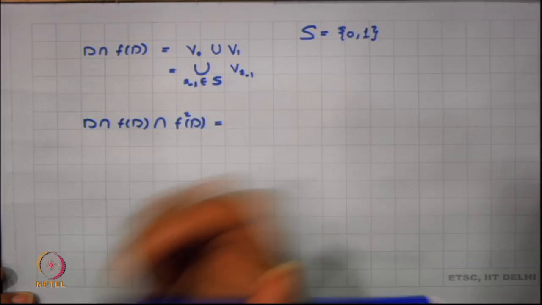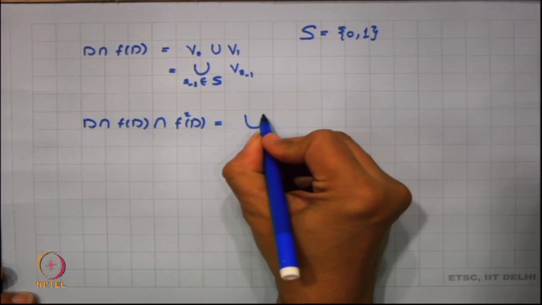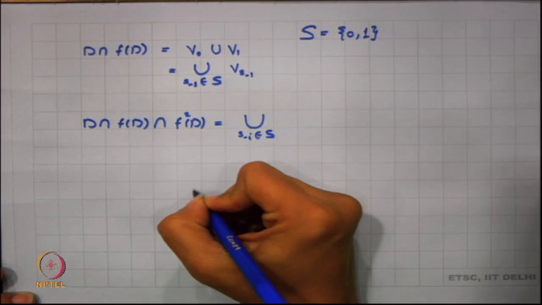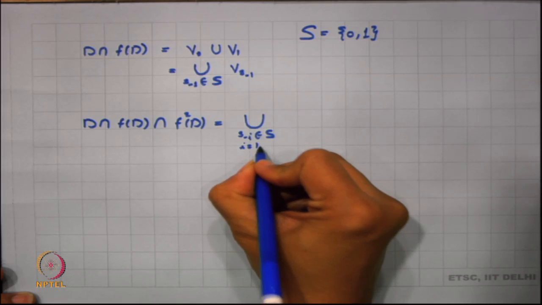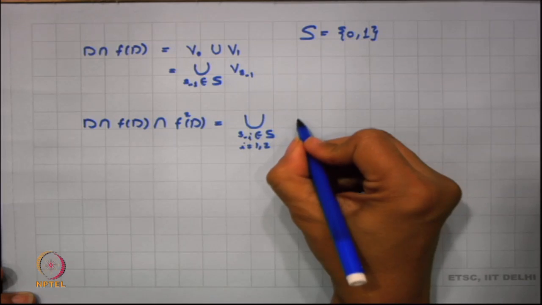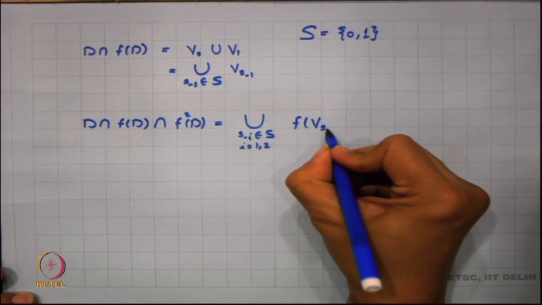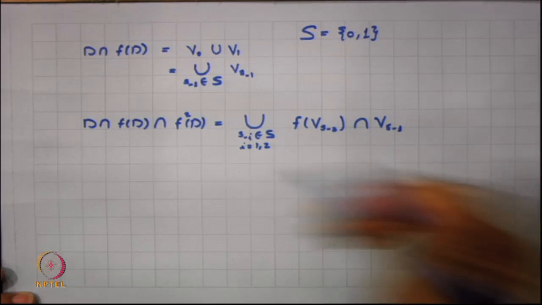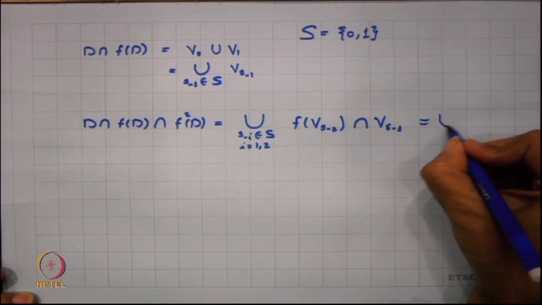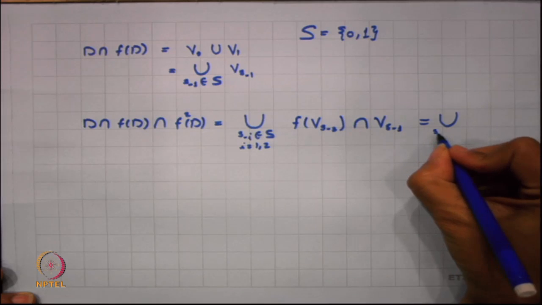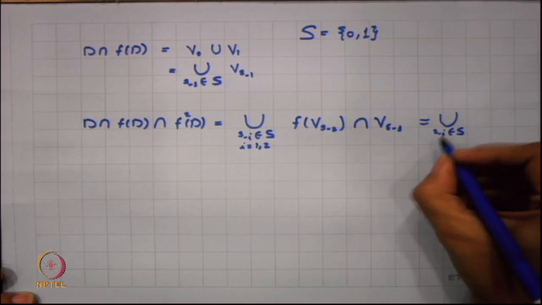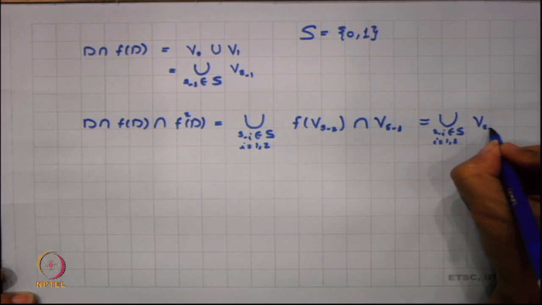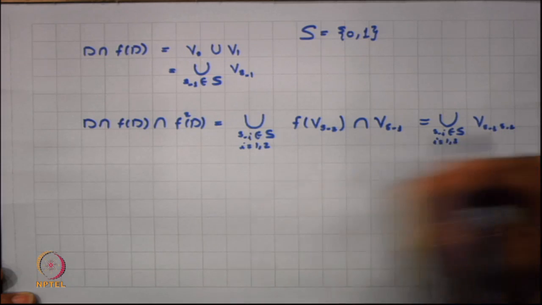I can index it and simply say that this is the union over S minus I belonging to S, where I is 1 and 2, of F of V S minus 2 intersection V S minus 1, which I am writing as V S minus 1 S minus 2.